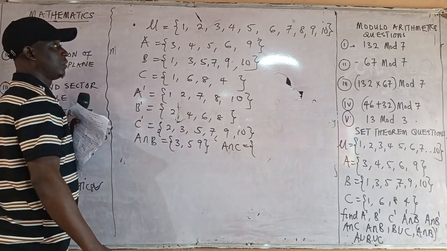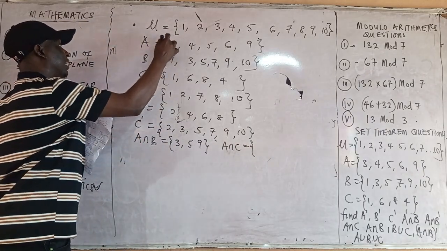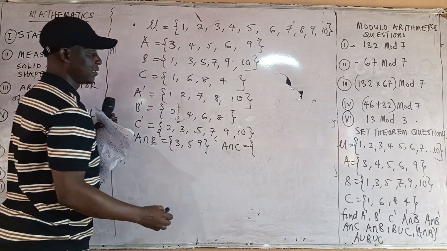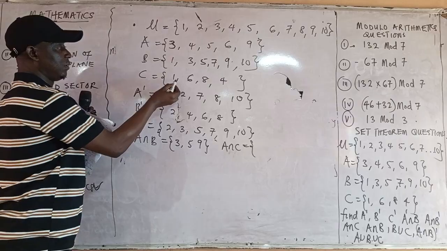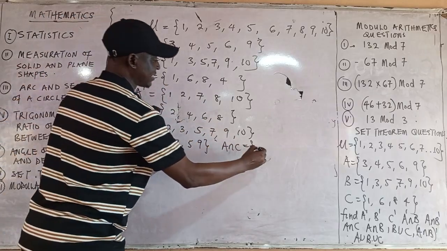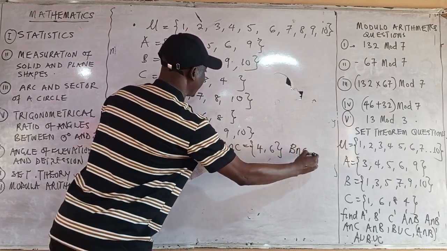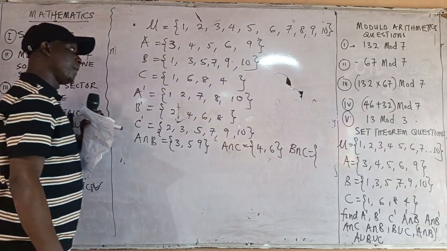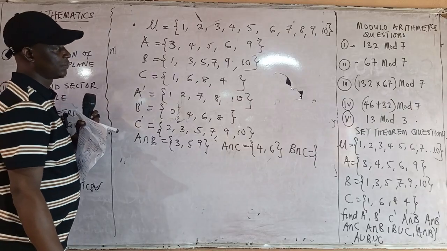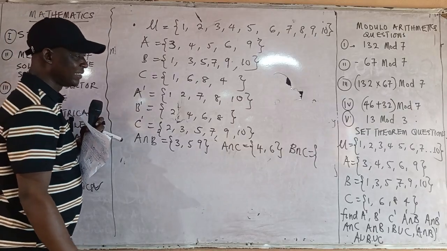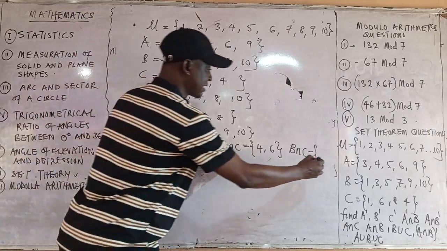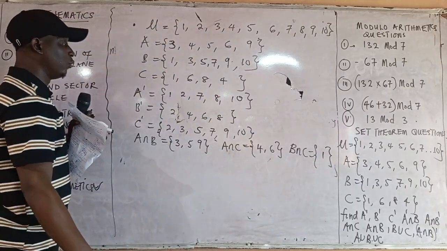A intersection C. What is common in A? 4 and 6, right? Yes. Okay, what about B intersection C? Only 1? Are you sure? Yes. Okay, excellent. Only 1.